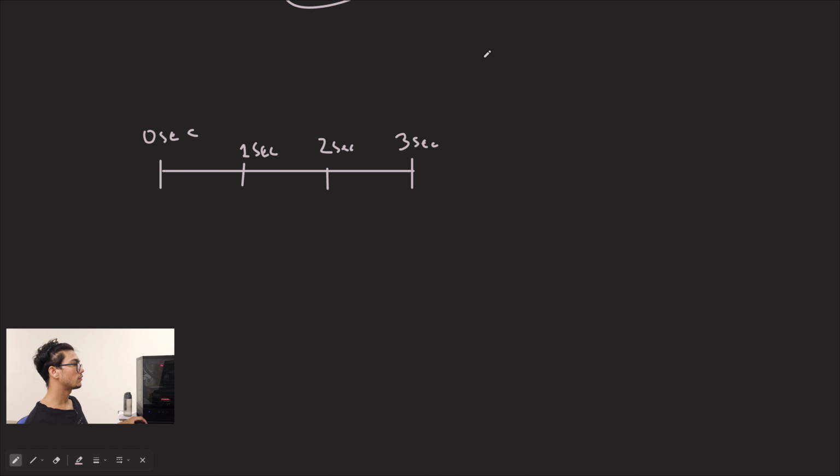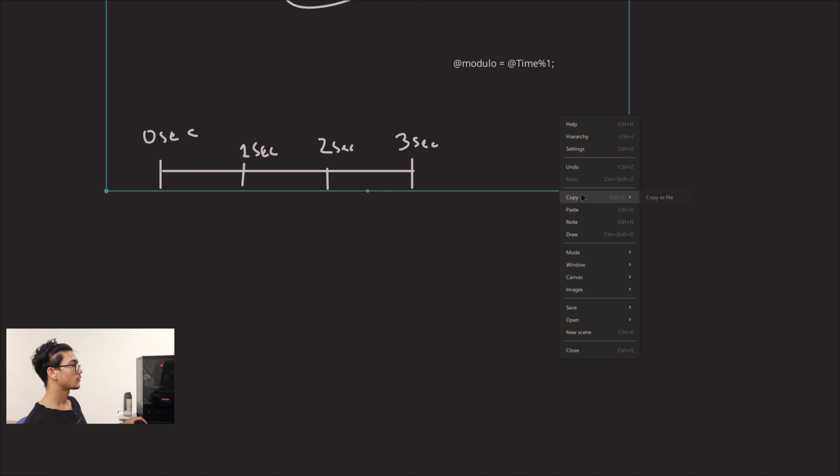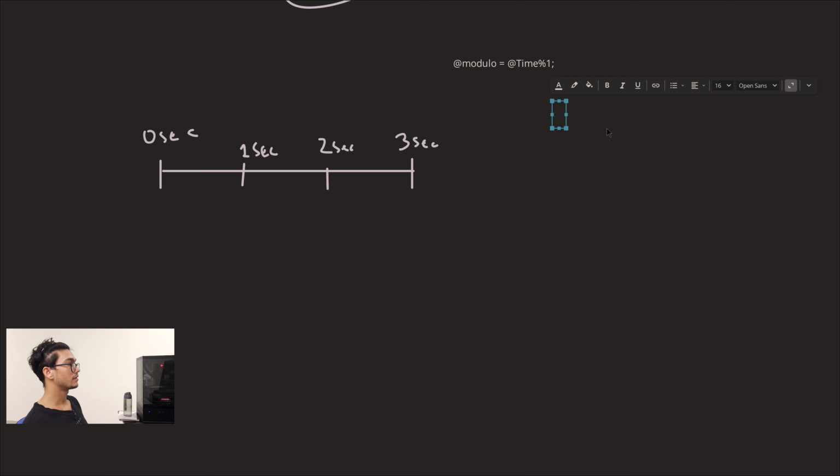And the equation is attribute modulo equals attribute time modulo 1, right? So this equation is saying that this attribute time is changing per frame. So when we are at 1 second, 1 modulo 1, we get 0 as remainder, right?